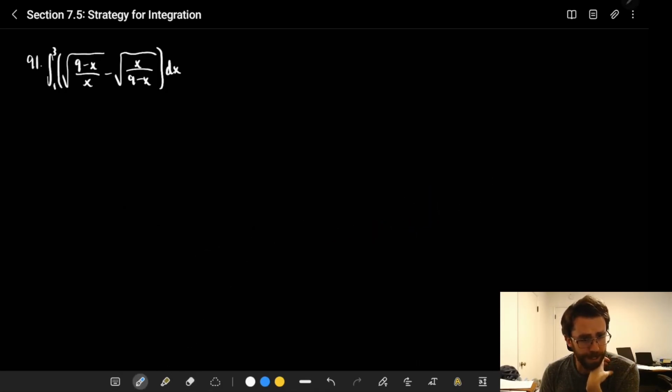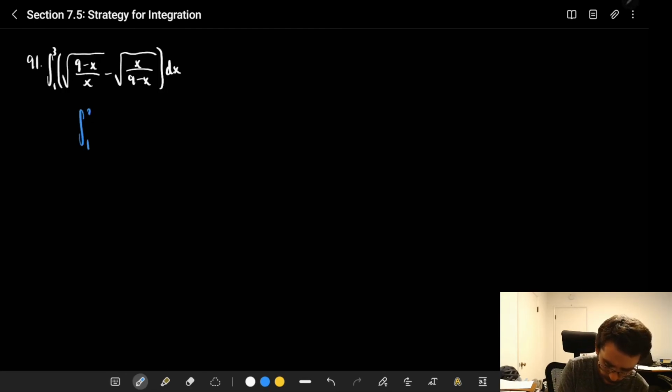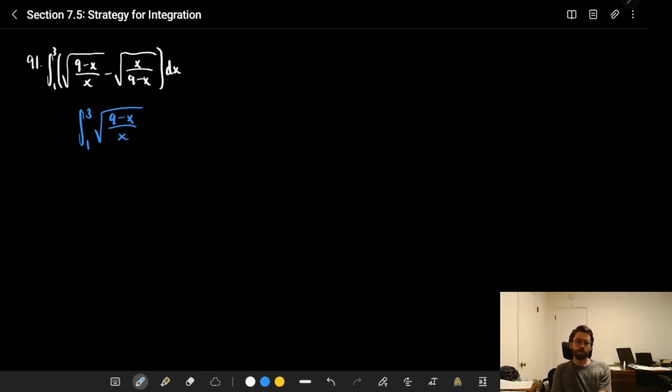Do you handle them separately? Do you split into 2 integrals? I mean, how would you solve one of them? I guess multiplying by the conjugate on a single one? Yeah, let's just see what a single one looks like, if that's doable. So, okay, I have to stare at this for a second.